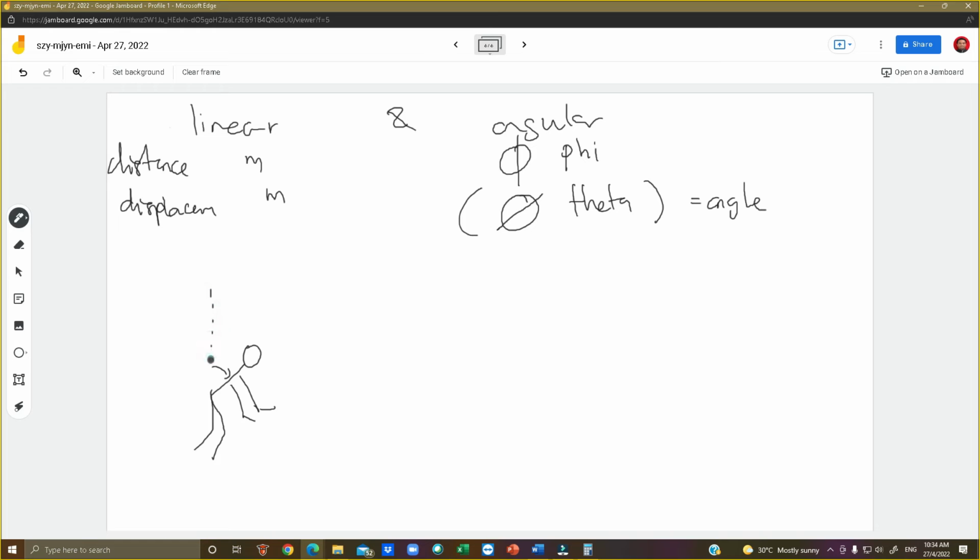This is just an imaginary line. And this line need to intersect with the body. So, we are going to use the line as the reference of the action. Jadi inilah angle dia. And when you use this kind of measurement, this is known as absolute angle.